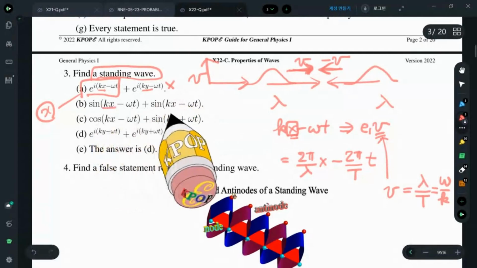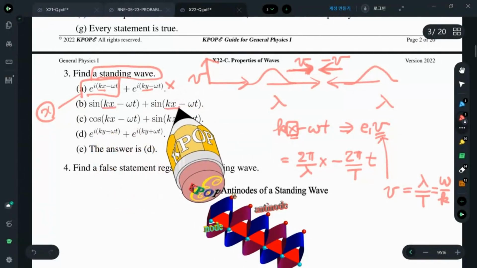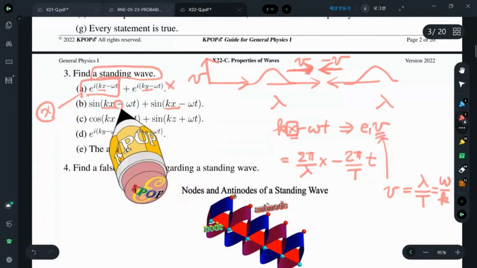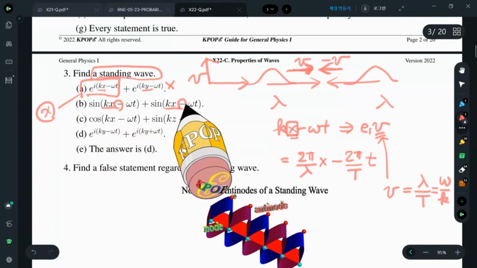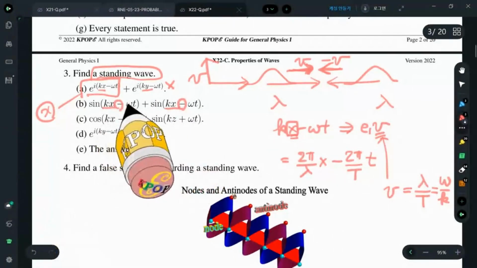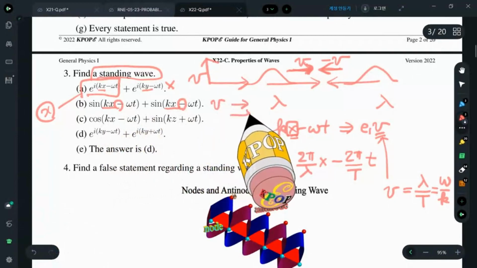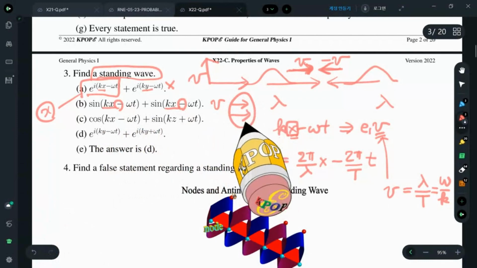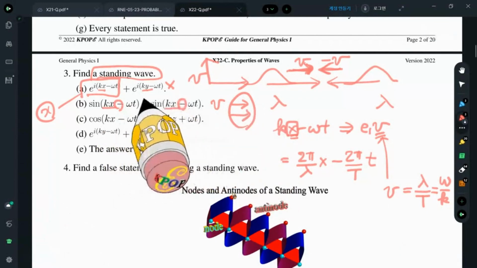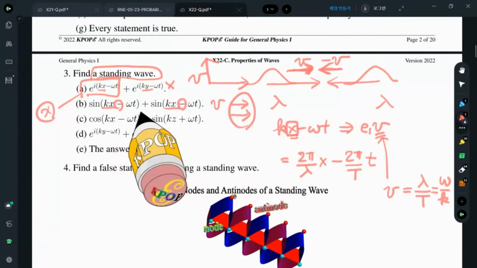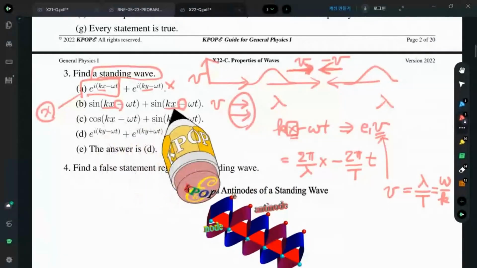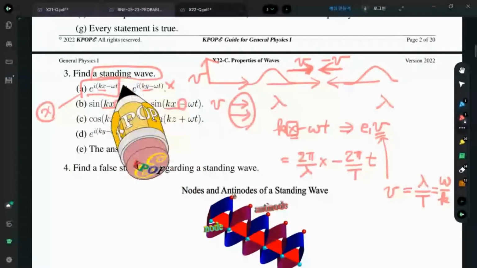In here, we have kx, that's fine. However, we have minus omega t and minus omega t. So both of them are moving with v along the same direction. They are parallel, so they just add up.